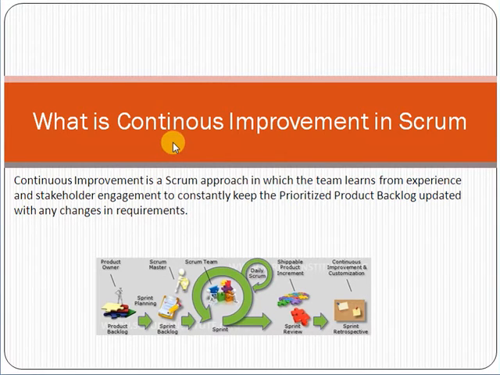Each and every time, while implementing a project, as a team and as a person, you are improving yourself, your procedures, and your approaches. So in Scrum, it is a continuous process that you are improving.